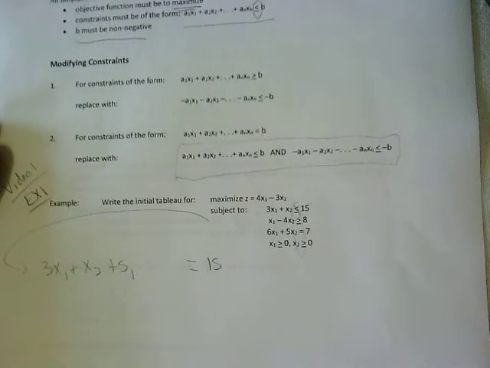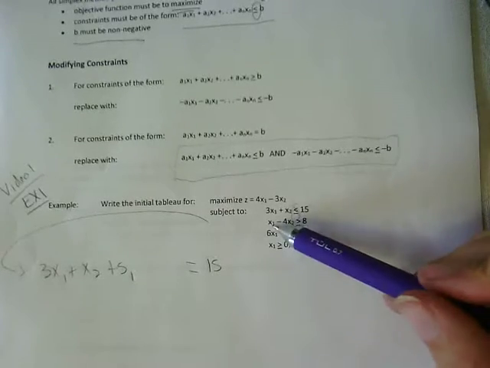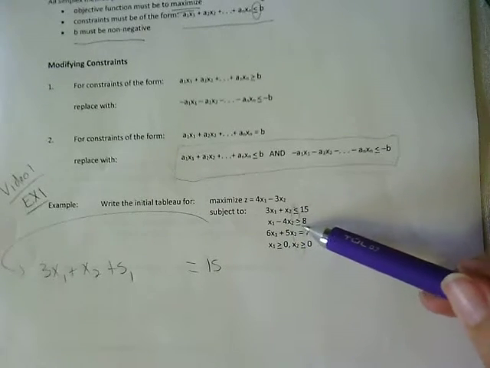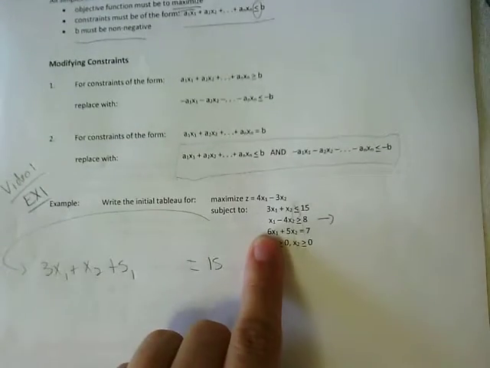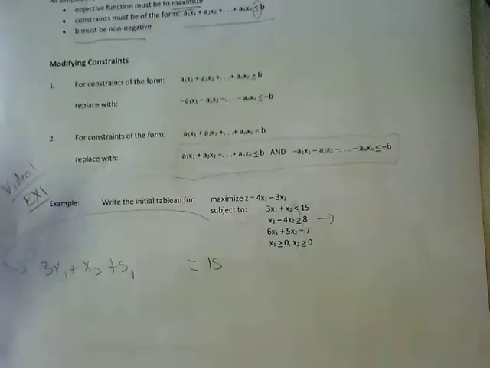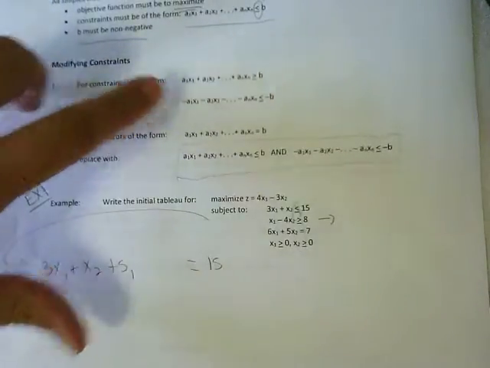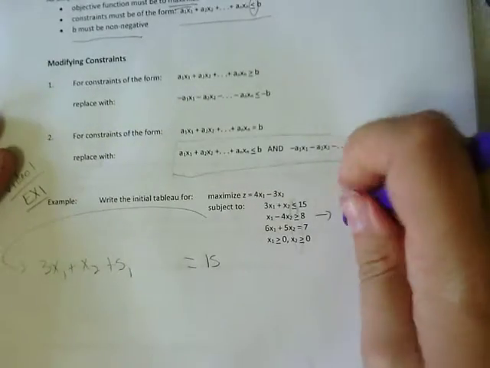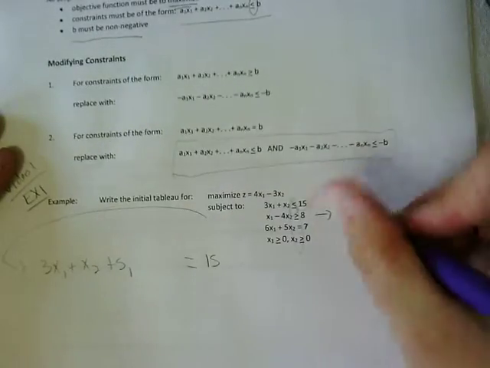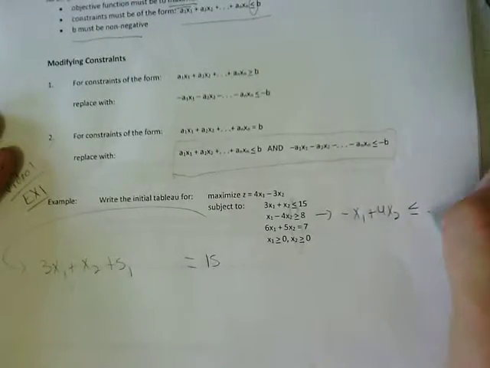All right. Now, with this one, we don't want to work off of x1 minus 4x2 is greater than or equal to 8. What I want to work off of is what I should replace it with. What I should have replaced this with is, I'm going to leave everything the same, but I'm going to flip the sign and make everything negative. So, negative x1, change the sign, plus 4x2 is less than or equal to negative 8.